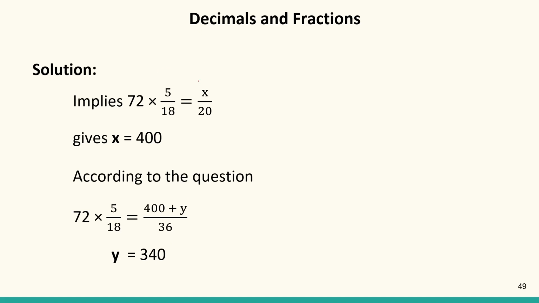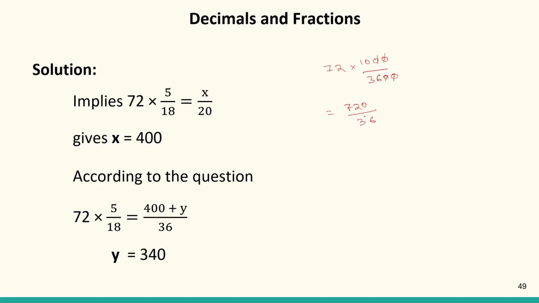Okay, so let's explain it here. The speed of the train is 72 km per hour. So this will be equal to 72 into 1000 by 3600, that is 720 by 36.